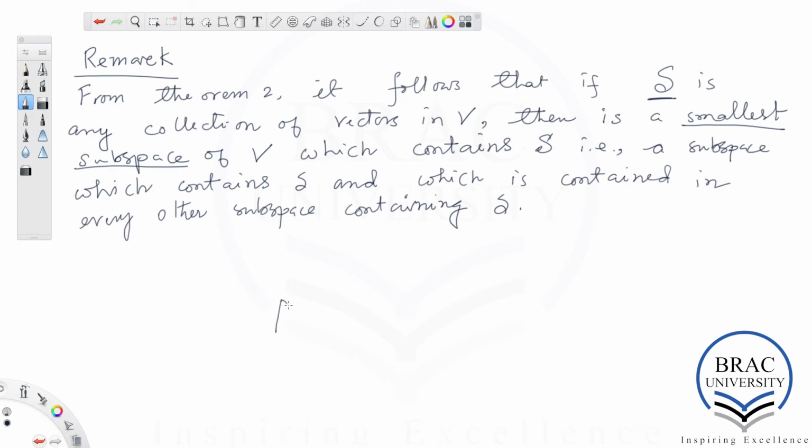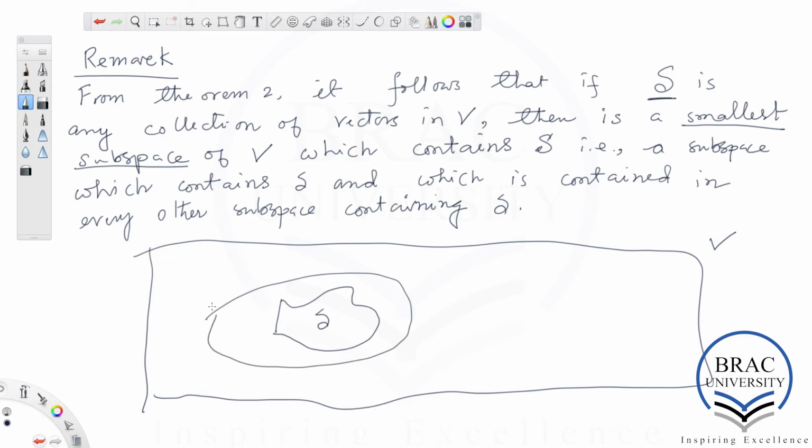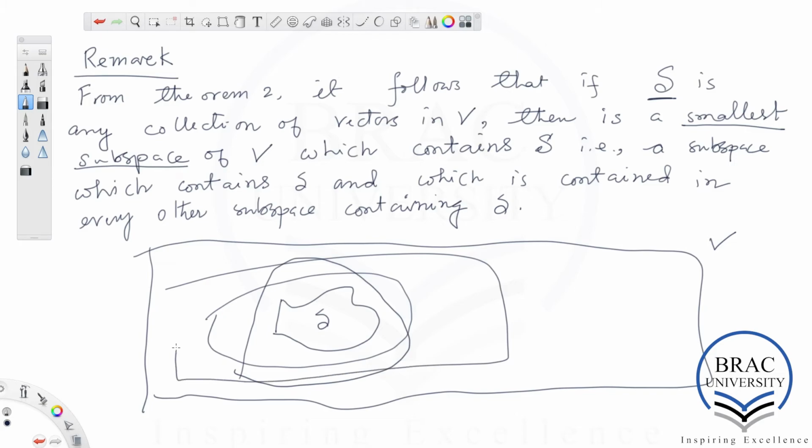Let me explain. S is a set of a given vector space. S is just a subset. It's not a subspace in general. It's just a collection of vectors of the given vector space V. Now there are many subspaces that contain S, like this one, and this one.